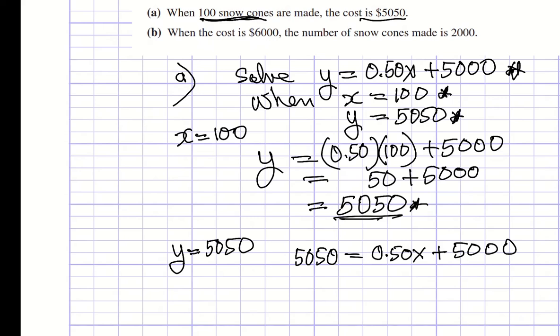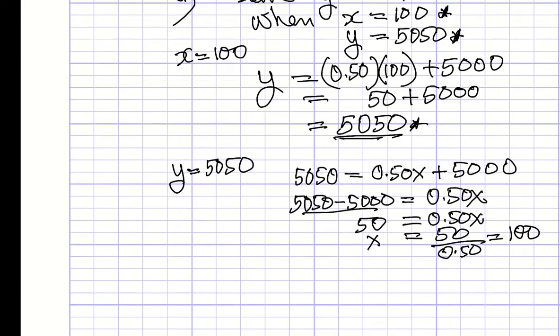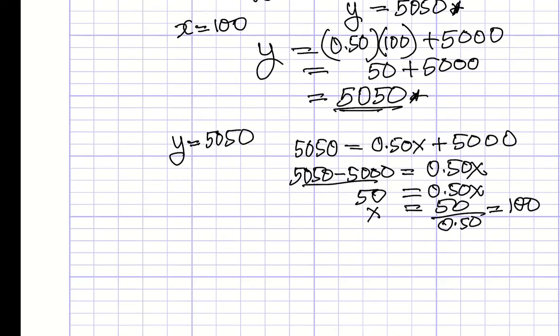So what you're gonna do is say 5,050 minus 5,000 is equal to 0.5x. You simplify that, what do you get? You get 50, equal to 0.5x. X is equal to 50 divided by 0.5, and you should get 100. That's what you should get. I did overthink the problem, man.